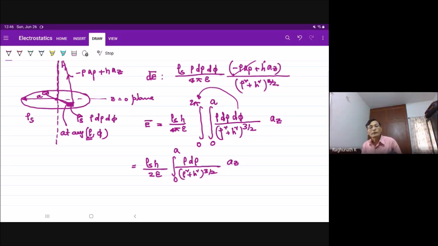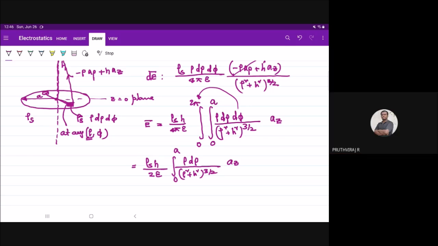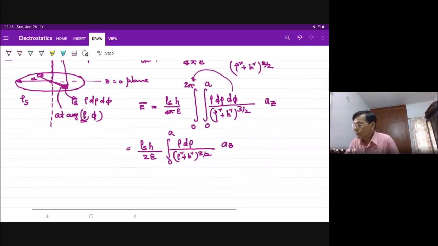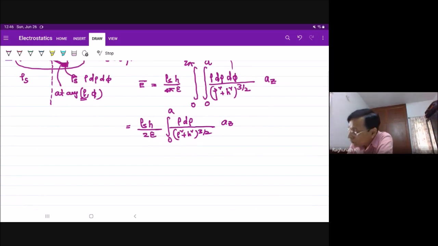How to integrate this? Substitute rho square plus h square equal to t. Substituting rho square plus h square is equal to t, 2 rho d rho is equal to dt.